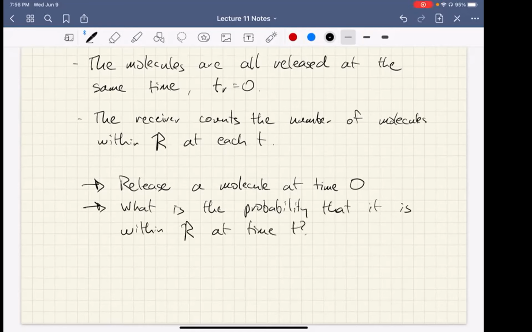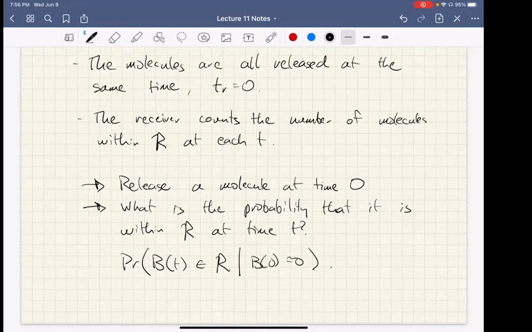We know what this is. That's basically asking, what's the probability that the Brownian motion at time t is in R, given that the Brownian motion at the time of release, B of 0, is 0.